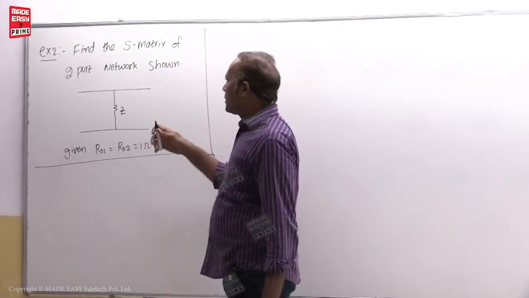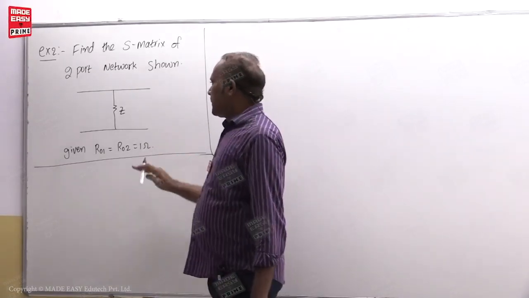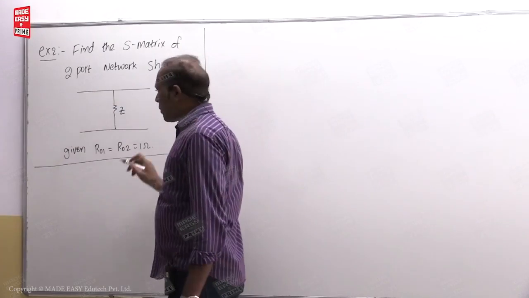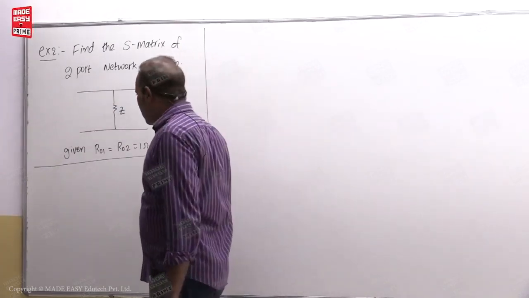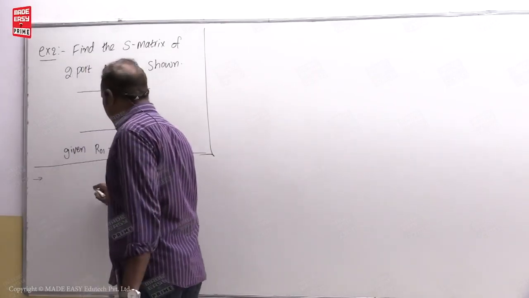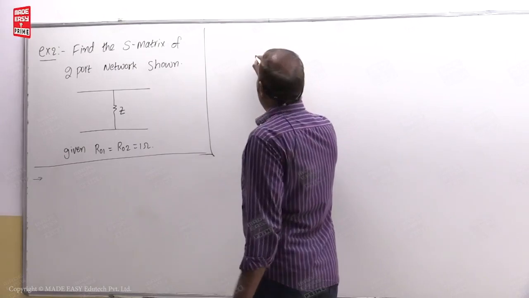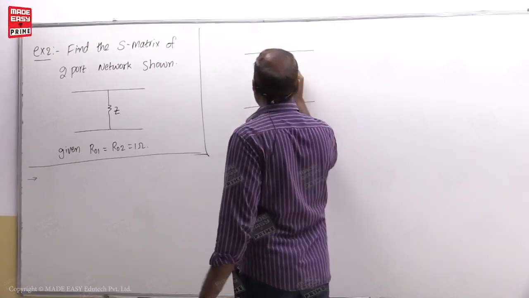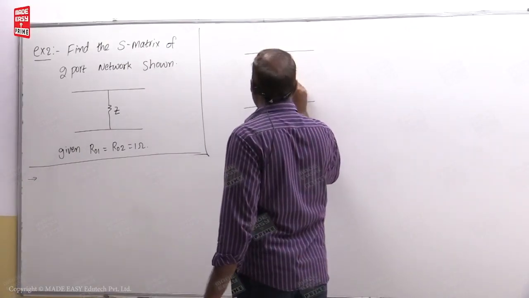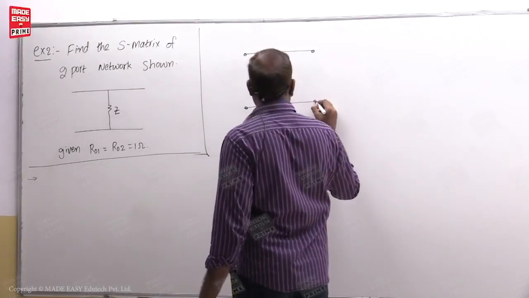So students, let us solve this one. Find the S matrix of the two-port network shown. This is port 1 and this is port 2. Now let us do the connections for this. I am drawing here, some impedance is there.